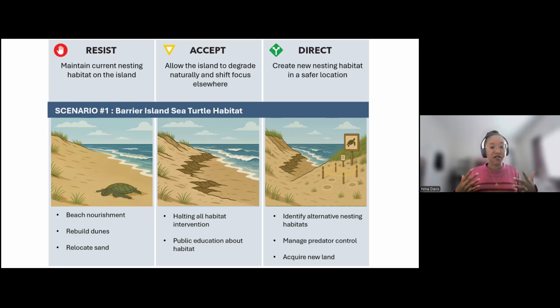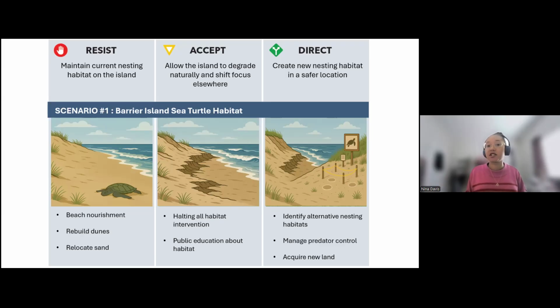It all depends on what you're campaigning specifically and what you're trying to teach. But as Steve mentioned, some of these actions could be applied to all three, maybe resisting and directing. So it depends on your thought process as you move through those decision-making questions and what your goals and objectives are.